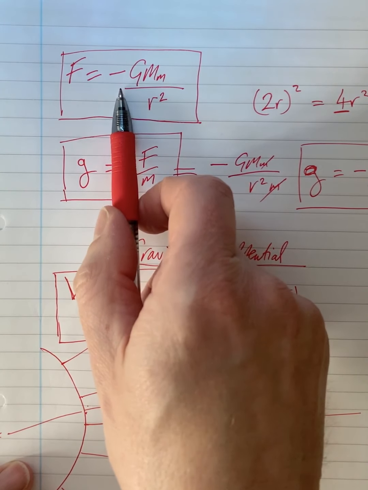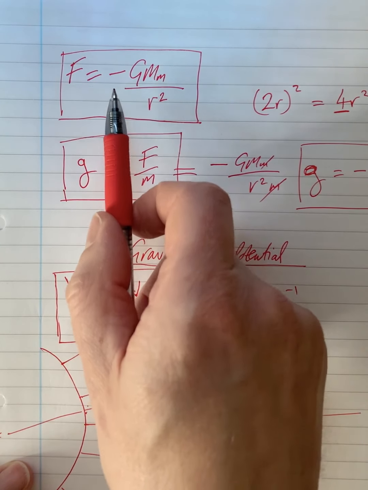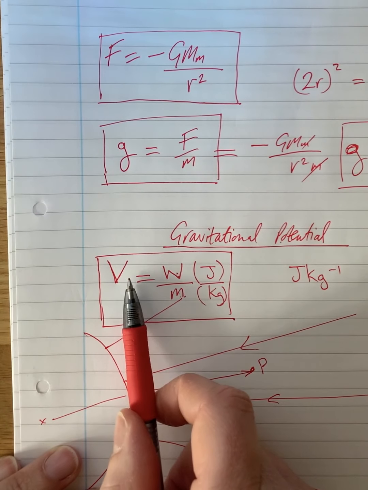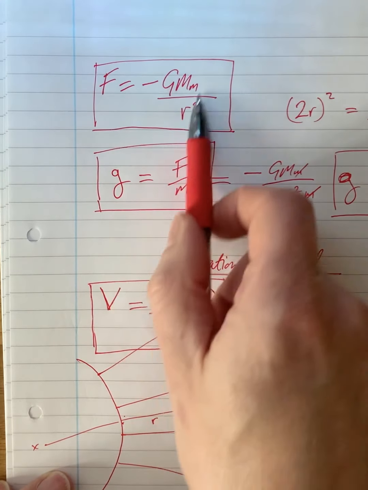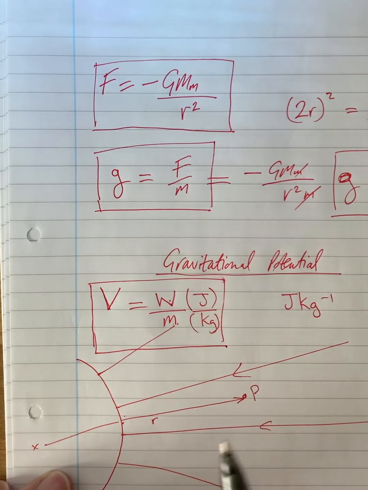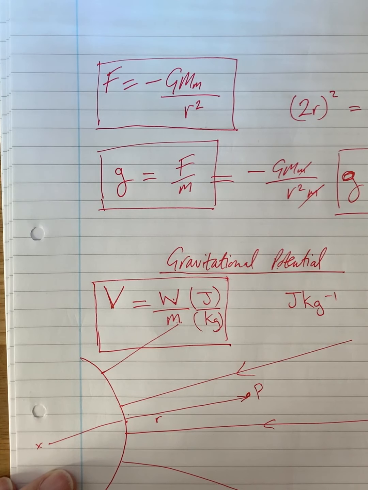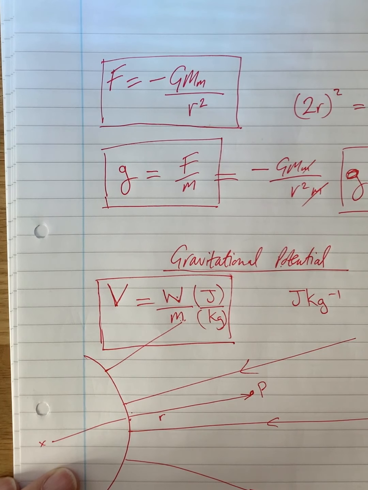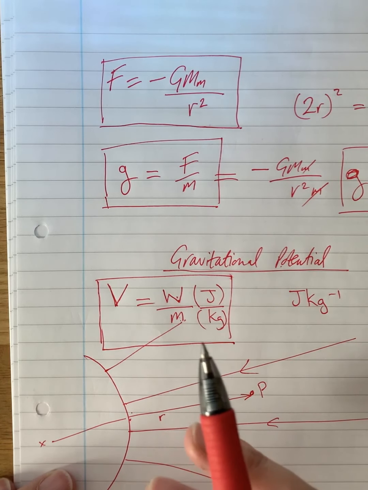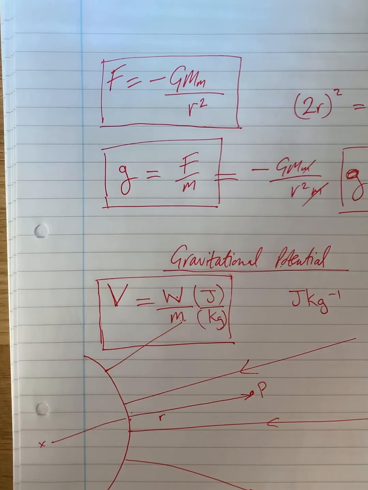So we have a negative value here, and we can actually define V in terms of G. I'll spend a separate video doing that. Okay, what we're actually going to do is integrate that force over a certain distance, because if you integrate a force distance graph, you're going to get the work done.